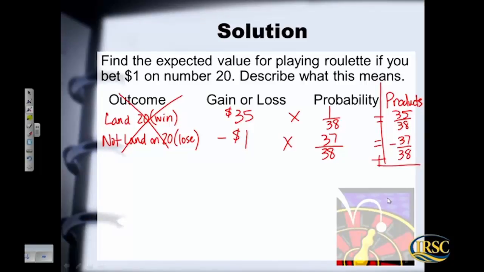Okay, add these two numbers together. They already have a common denominator of 38, and so 35 and a negative 37 is negative 2. At this point, this is where you change that number to a decimal. Okay, everybody follow so far on what's in the chart?